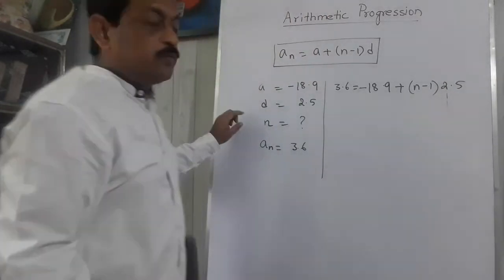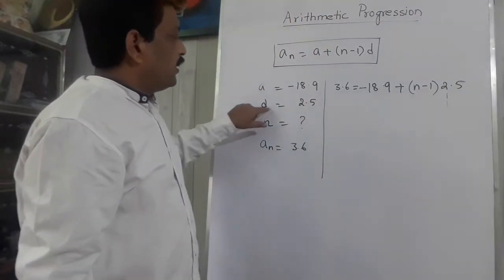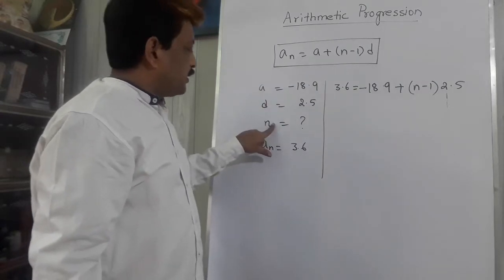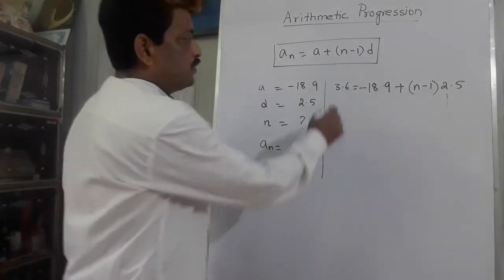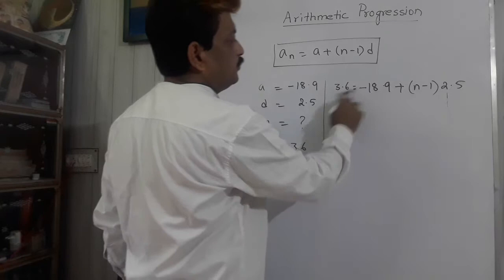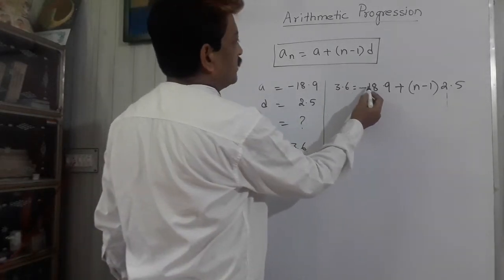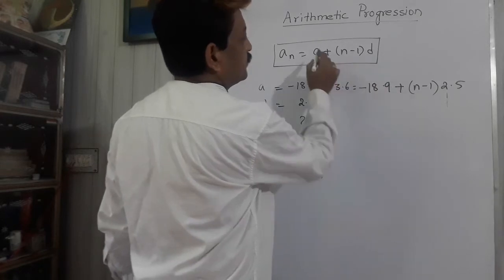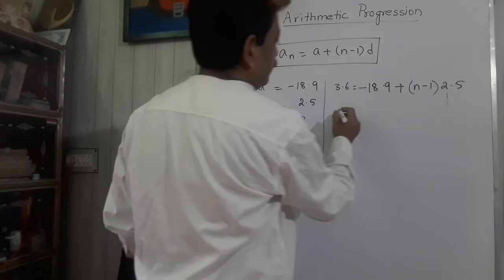Just check it once more. The first term minus 18.9 is given, the common difference 2.5 is given, the number of terms of the AP is not given, the nth term 3.6 is given. So this is the formula: an = a + (n - 1)d. I have substituted all the values. So an equals 3.6, minus 18.9 is the first term, n is not known, it will remain as it is, and d is 2.5.